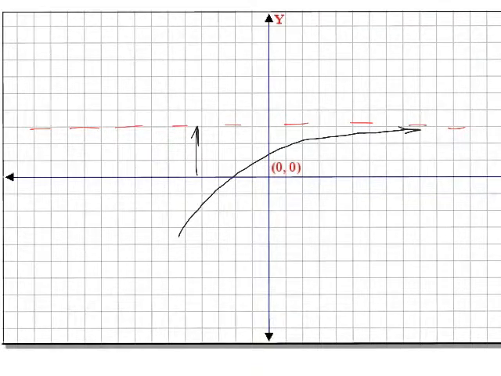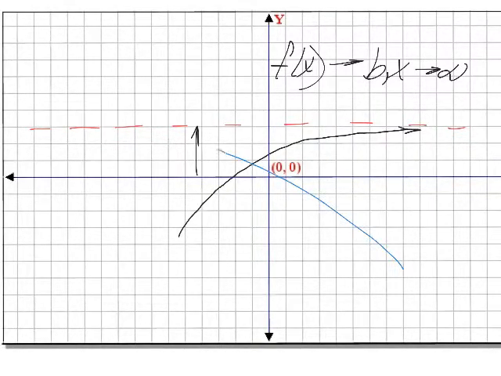In this one it's 3, but as it gets closer to b, they write it as f of x approaches b as x approaches positive infinity. If we were to go with this blue line this way, f of x approaches b as x approaches negative infinity, and so on. So how do we determine a horizontal asymptote? And that's what we'll be doing right now.